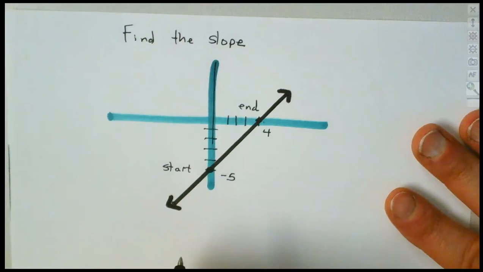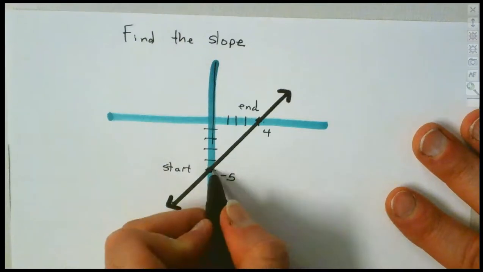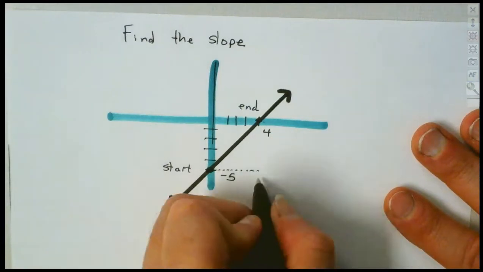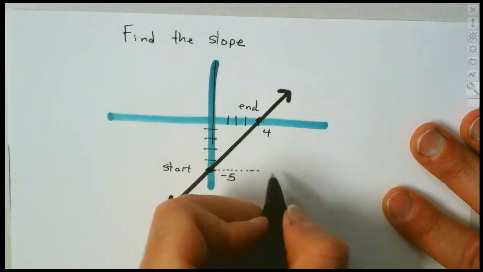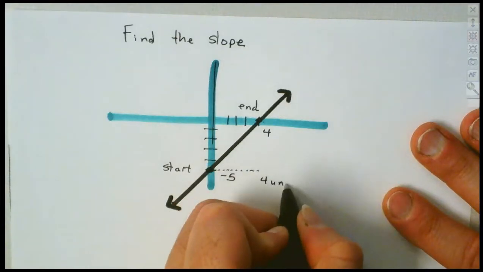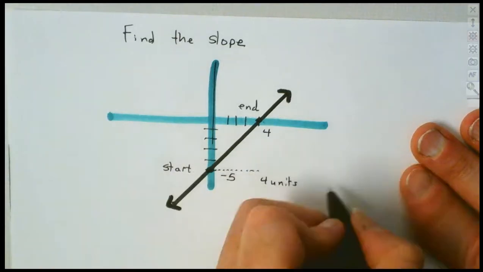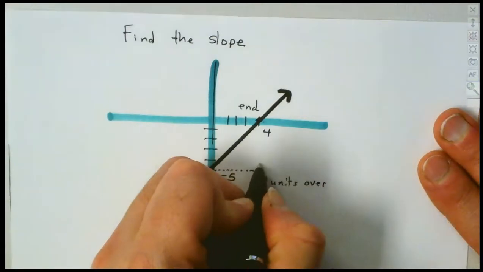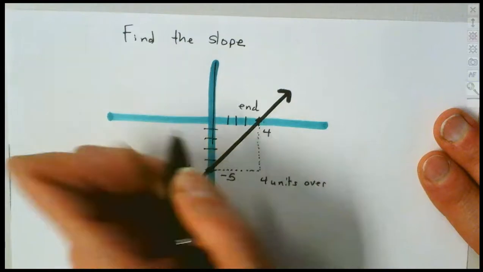We can only go left to right, up and down. So if I'm here and I want to get to here, well, what can I do? I've got to go 4 units over, right? So 4 units over. And then what do I have to do after that? 5 units up.